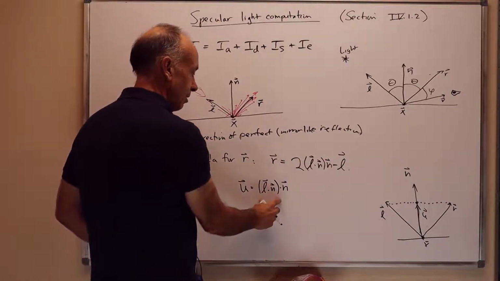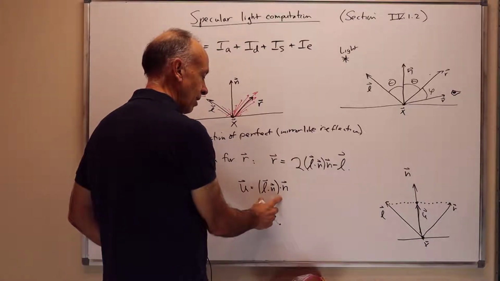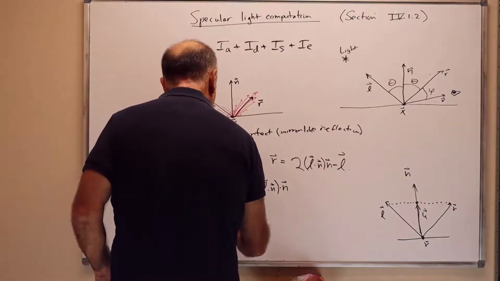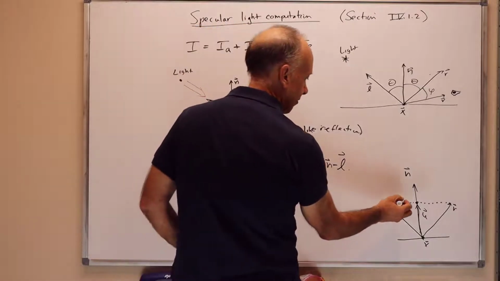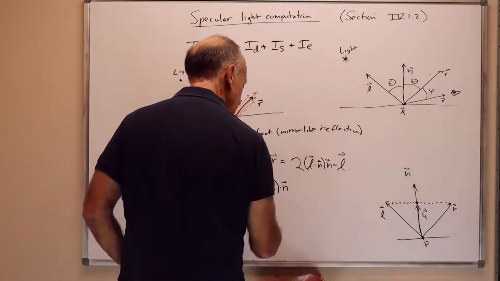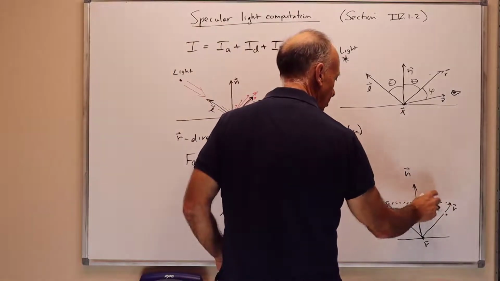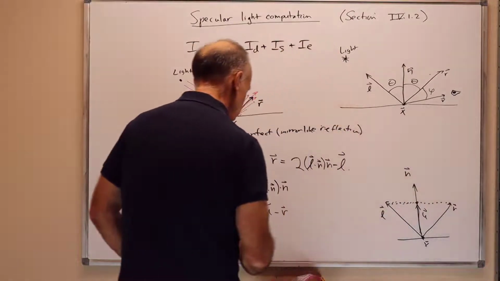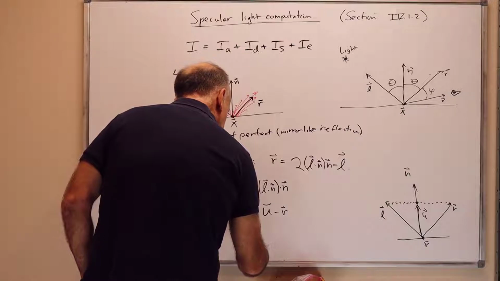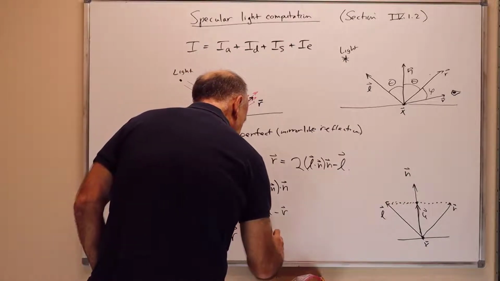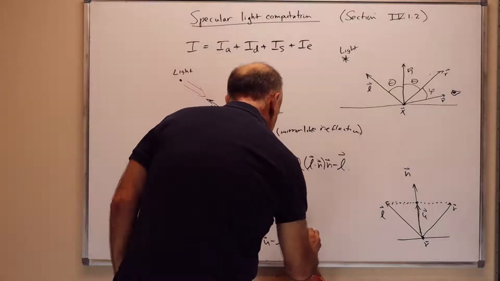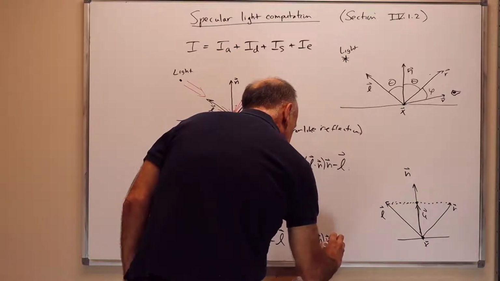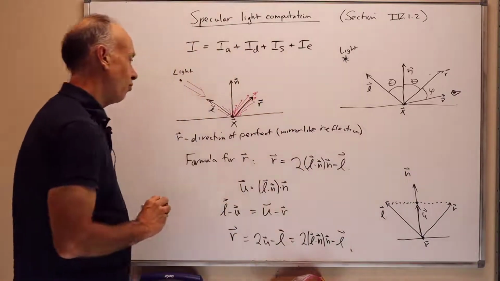We take the component of L along the unit vector N times the unit vector N, and that gives us the vector U. Then we notice that L minus U, that's this dotted vector coming from U to L, by symmetry, is equal to U minus R. That's the vector from R to U. So from that we get immediately that R equals 2U minus L, and that's equal to 2 L dot N times N minus L, proving the formula for R.